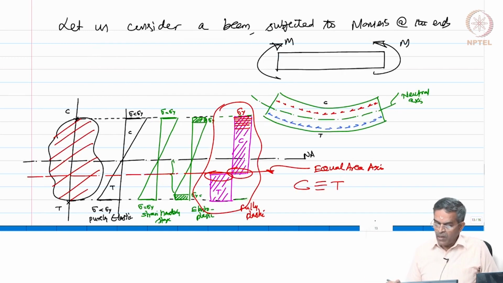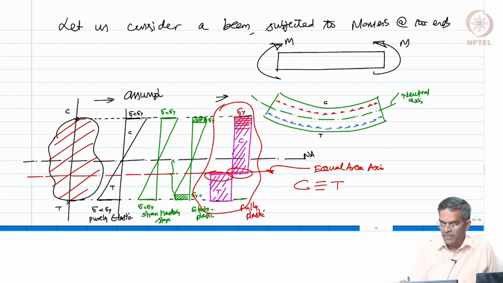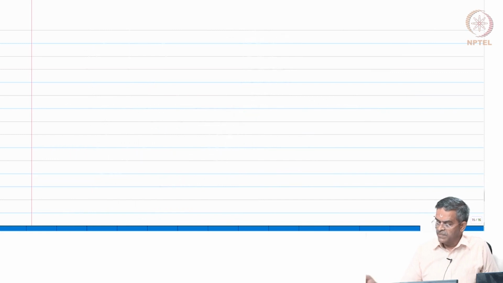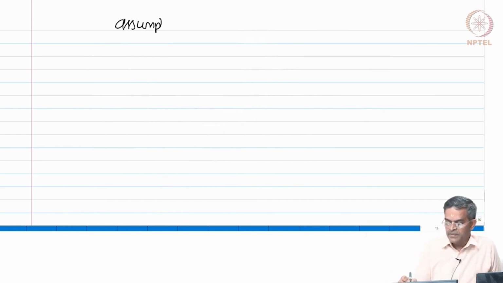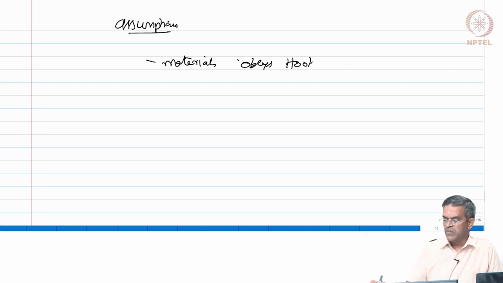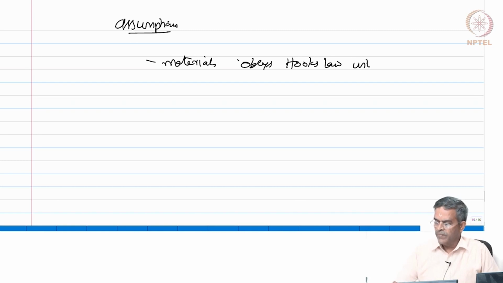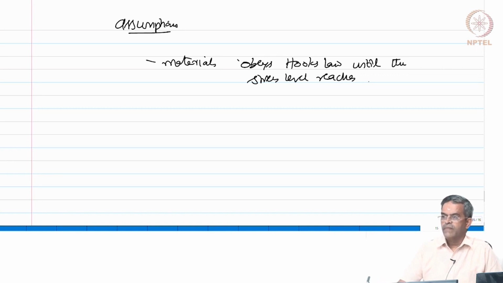When the cross section was loaded and the stress distribution is happening by stages from here to here, we had made some assumptions. What are those assumptions? The valid assumptions could be: the material obeys Hooke's law until the stress level reaches the first yield point.